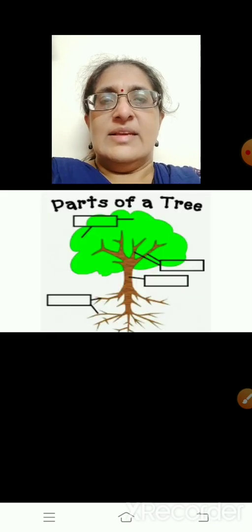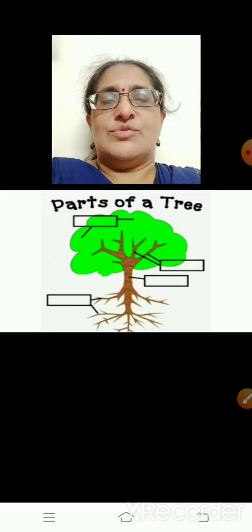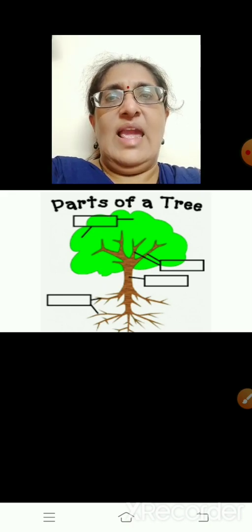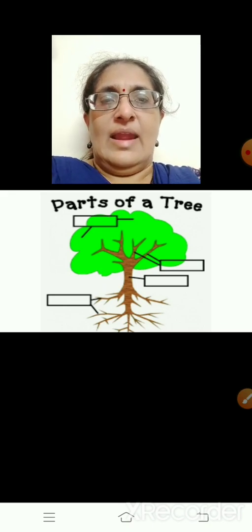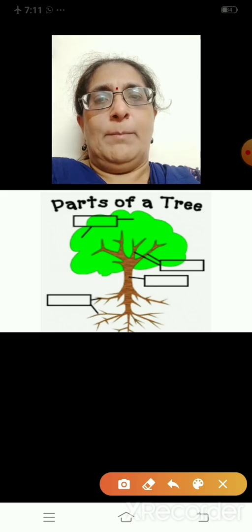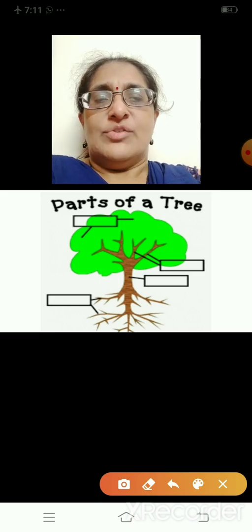See, like this, a big tree with branches, leaves and roots. You'll draw very nicely and color it, and then you will label the different parts of the tree.